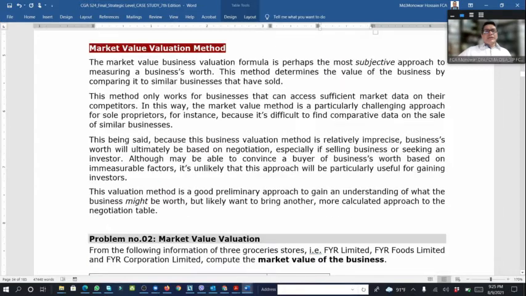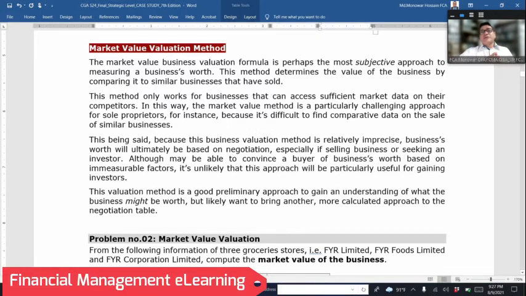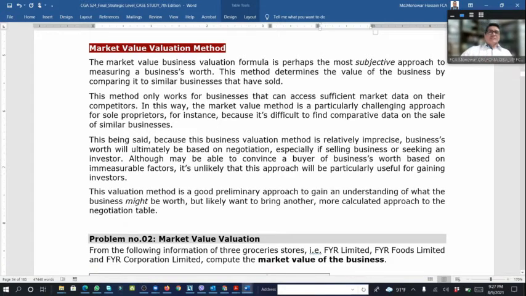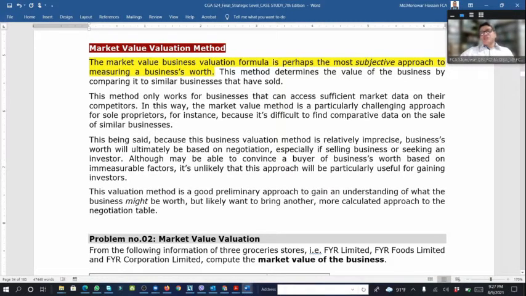So another one is valuation based on market value. Perhaps the most subjective approach to measuring a business's worth is market valuation. This method determines the value of the business by comparing it to similar businesses that have been sold. If it is a quoted company, that means a listed company, you can easily calculate the value of the organization.